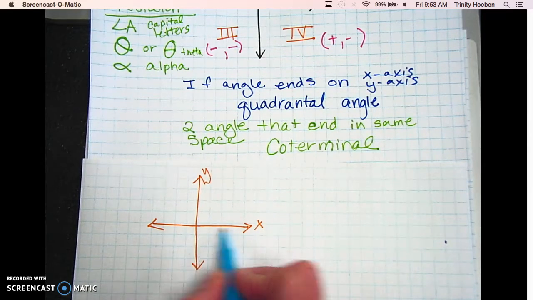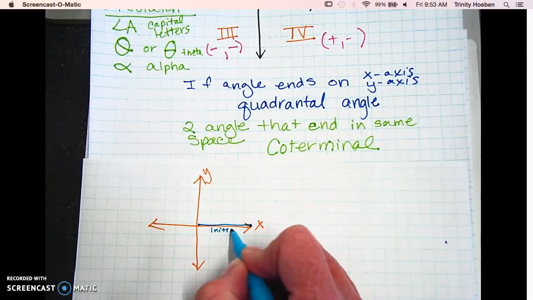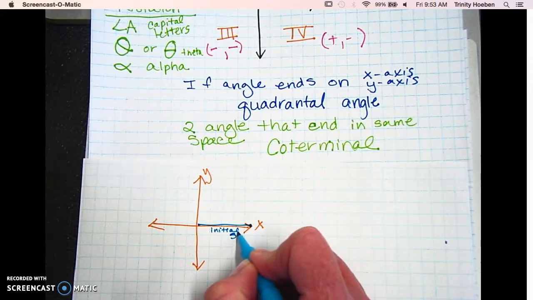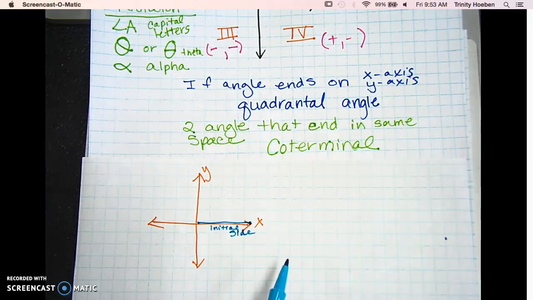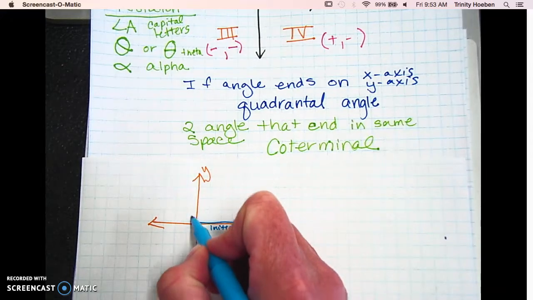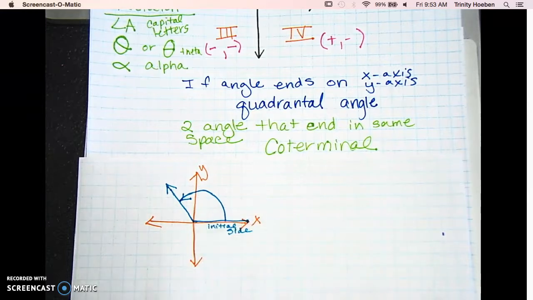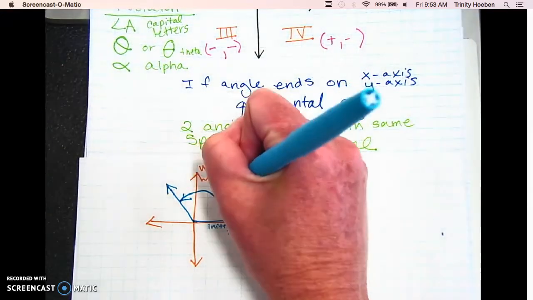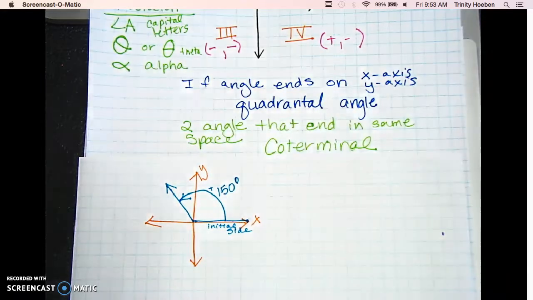So if this is 0 right here, so our initial side is 0, and we want an angle of 150 degrees, and that's positive, so we're going to go counterclockwise, which quadrant will that end up in? 2. So roughly about right here, right? So from here to here, approximately, we'll say that's 150 degrees, and it's positive. Okay?